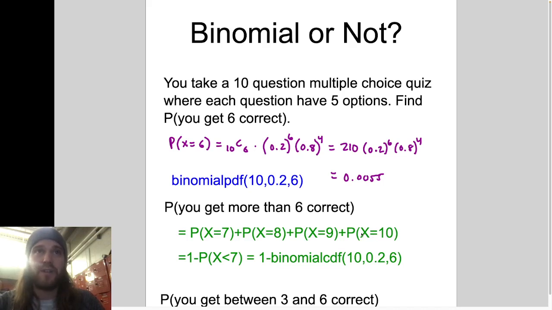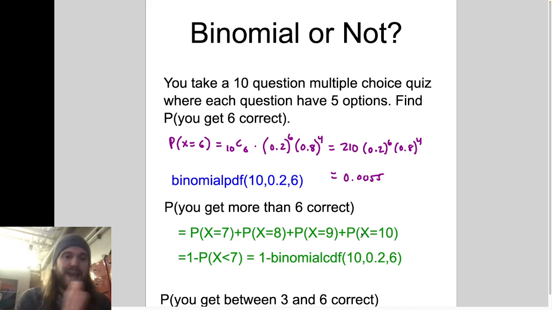What CDF does is it gives you everything down to the left, including the value that you said. If I do binomial CDF of 6, it does the probability of 6 plus 5 plus 4 plus 3 plus 2 plus 1.